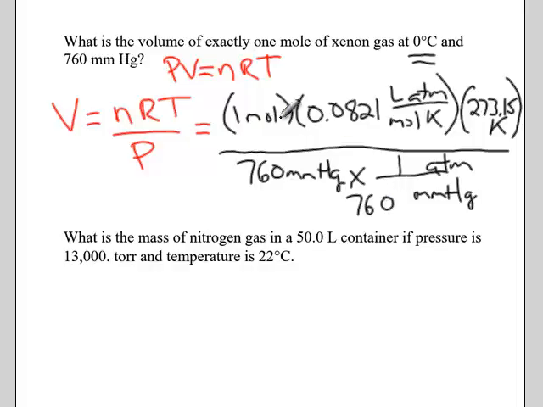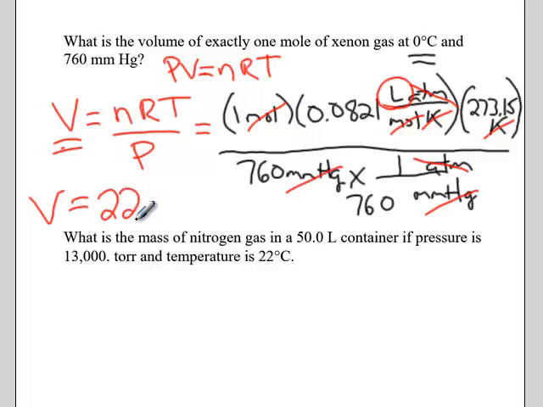So if we double check our units, mole cancels with mole, Kelvin cancels with Kelvin, millimeters of mercury cancel, atmosphere in the bottom cancels atmosphere in the top, and we're left with the unit we want for volume, which is liters. So the volume works out to be 22.4 liters.